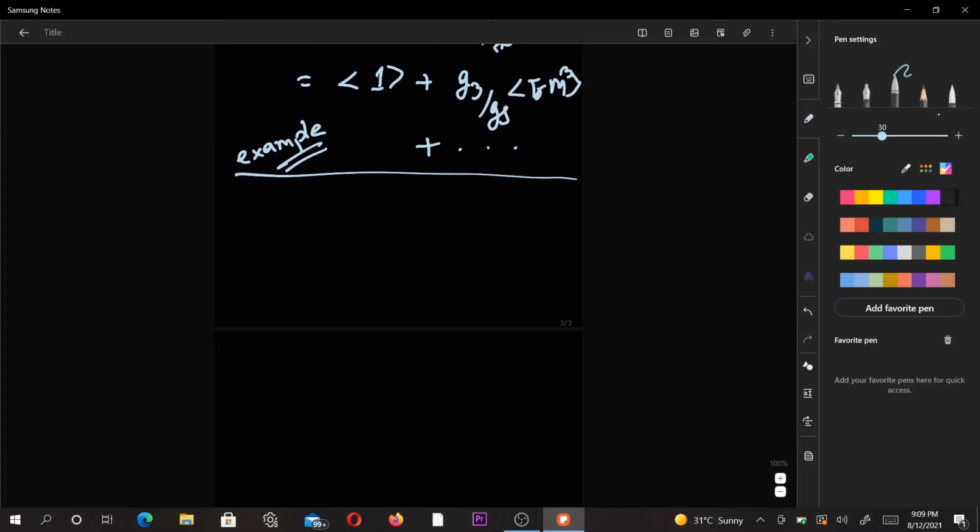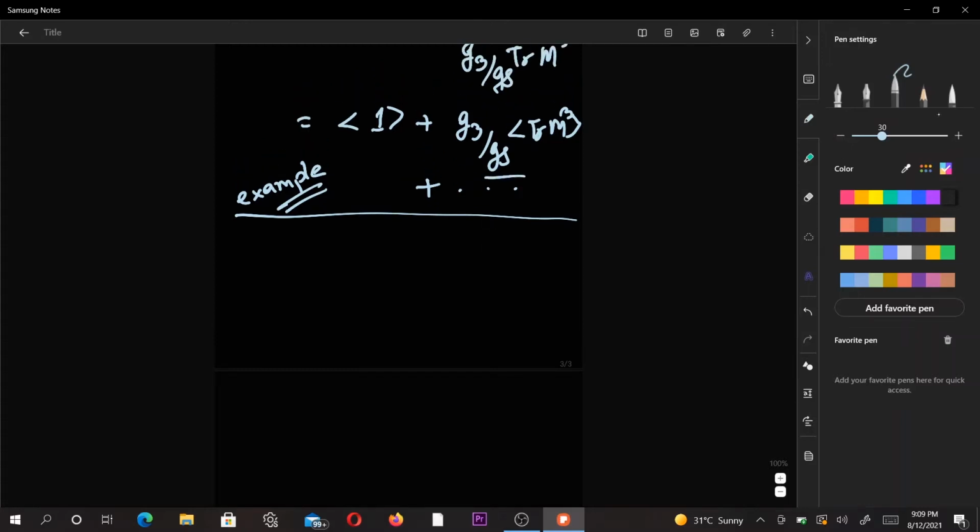So after doing perturbation theory, we can compute the partition function as a power series in the coupling, as you have done.